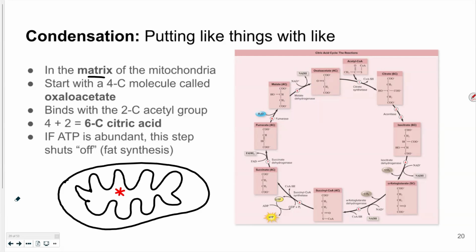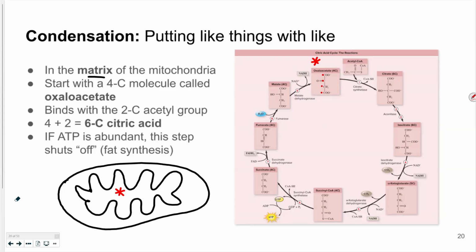We are going to take this 4-carbon molecule called oxaloacetate. We will see this chemical again in our next chapter, so it's a good one for you to also write down and remember. I'll put a little star next to the things that we need to remember.